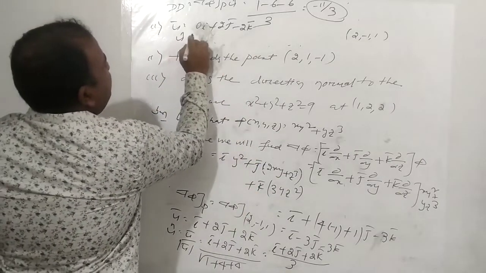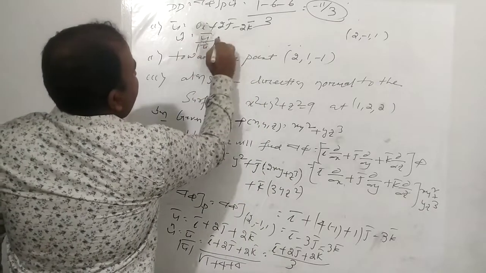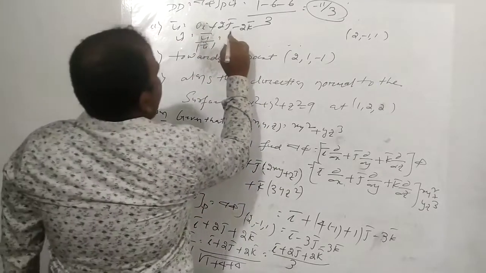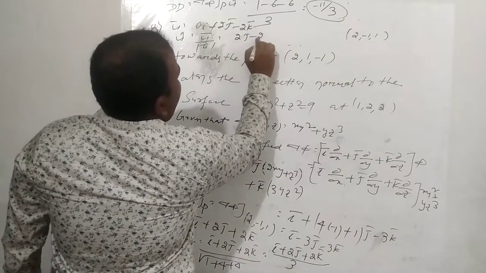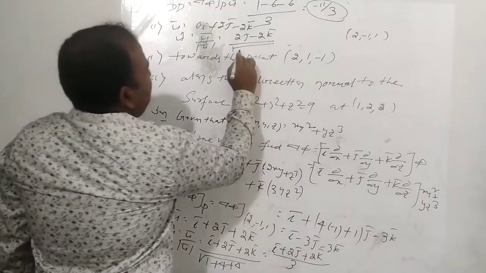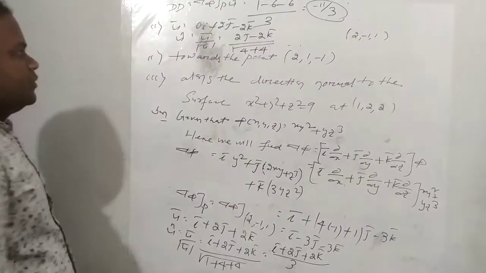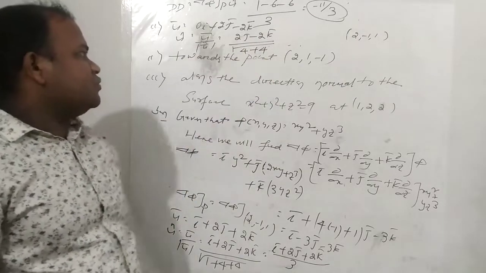Then you will find the value of u cap, so u vector upon modulus of u vector. So this is 2j minus 2k upon root of 4 plus 4, that is 2 square plus 2 square.